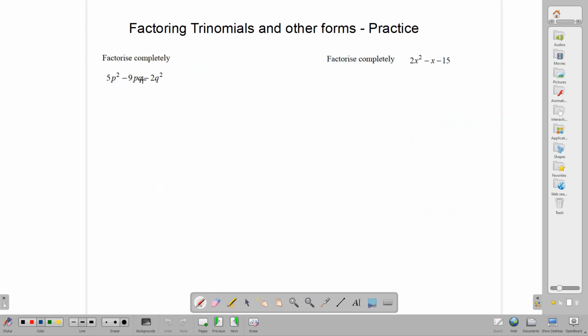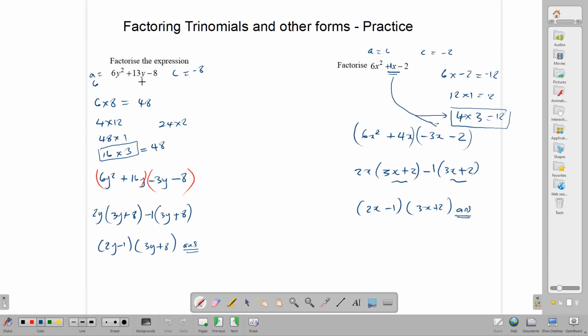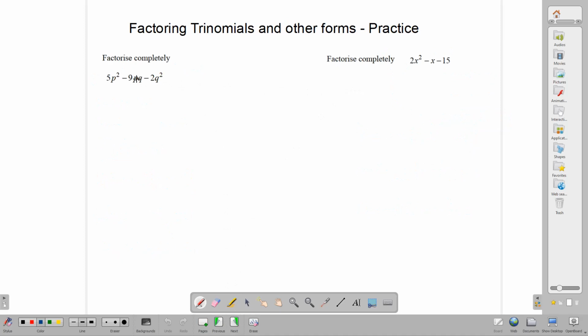Here we have two letters instead of one letter. The questions in this section are just y or x. Now in this question, we have two letters, p and q. However, the process is still the same. We take our a, the a is 5, and our c is negative 2.